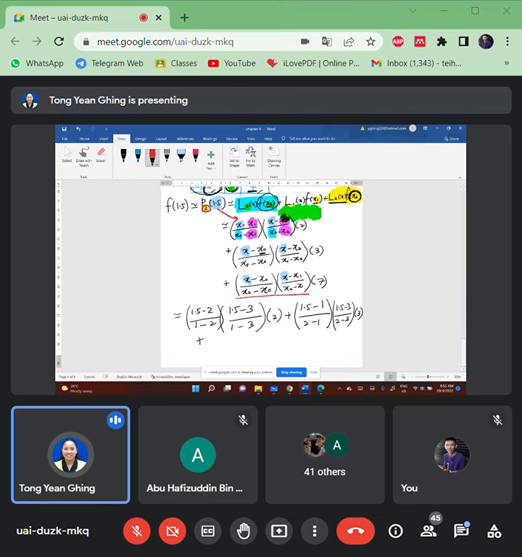This one now, X is 1.5 minus X0 is 1. This one is 3, sorry. 3 minus 1. 1.5 minus 2. 3 minus 2. So this is 7.